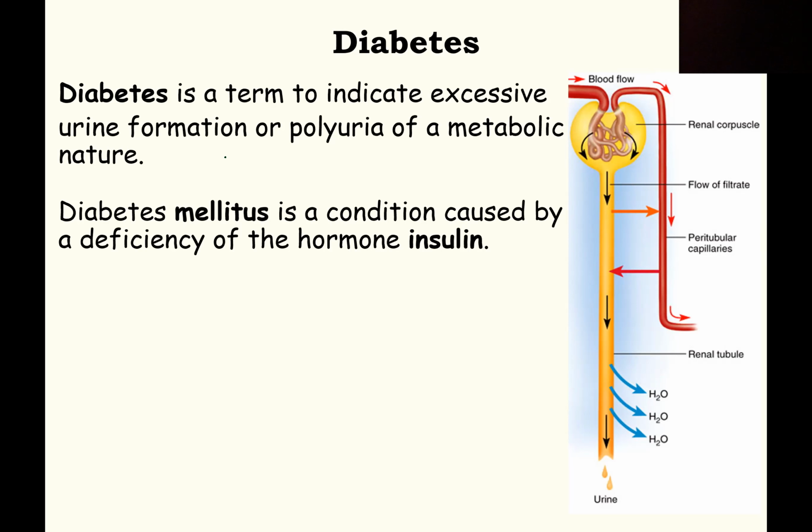Diabetes mellitus is a condition caused by not enough insulin. Diabetes mellitus can be classified as type 1, type 2, type 3, and gestational diabetes mellitus. So with type 1, it's typically the body doesn't make enough insulin. You're born that way. Type 2 is something that's typically acquired because of overconsumption of carbohydrates, and so the body has to overproduce insulin, and so it gets worn out.